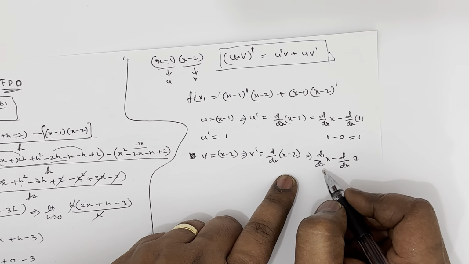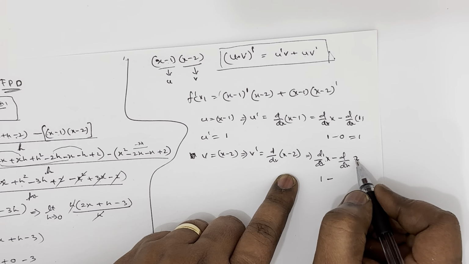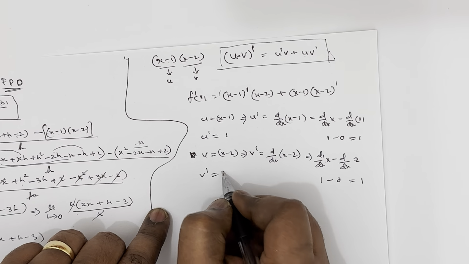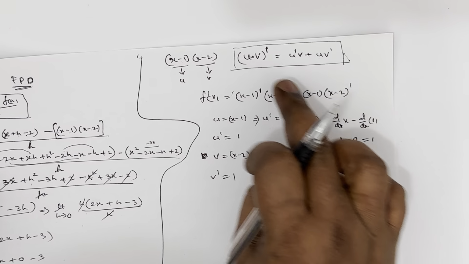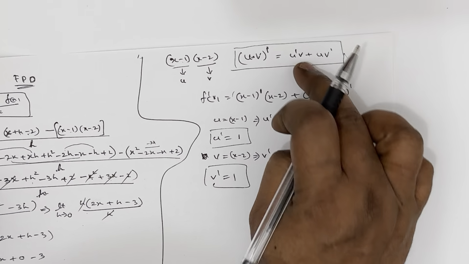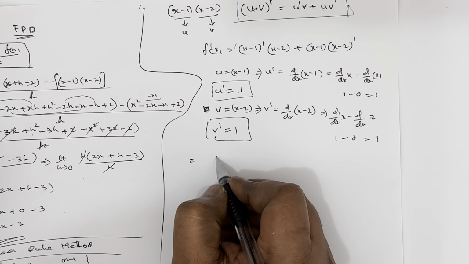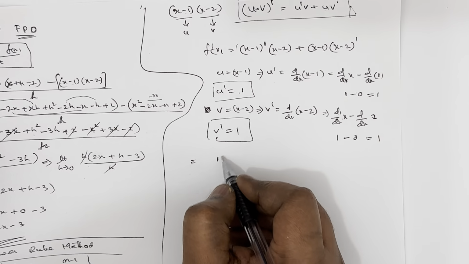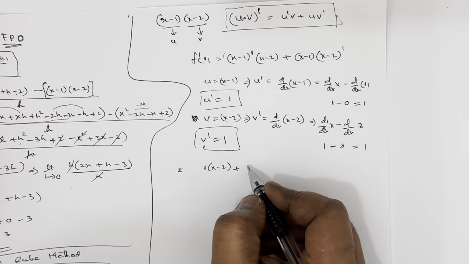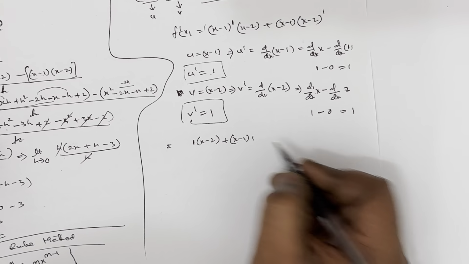Again, the derivative of x will be 1 minus the derivative of 2, which is 0, which is equal to 1. So v dash also we have 1. Now if we put these values of u dash and v dash here, u dash is 1, v is x minus 2, plus u is x minus 1 and v dash is 1.